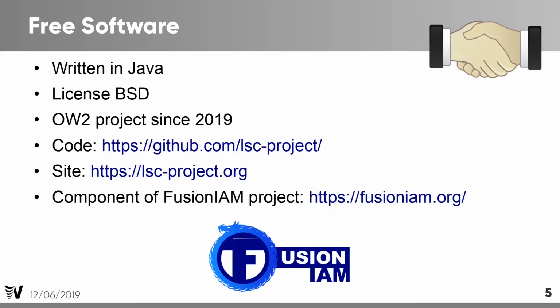So it includes Fusion Directory, it includes ADAPT Toolbox, it includes Lemon ADAPT NG, and it also includes LSC. And all these projects are now part of the OW2 community. So with all these projects, you have a full identity and access management solution.